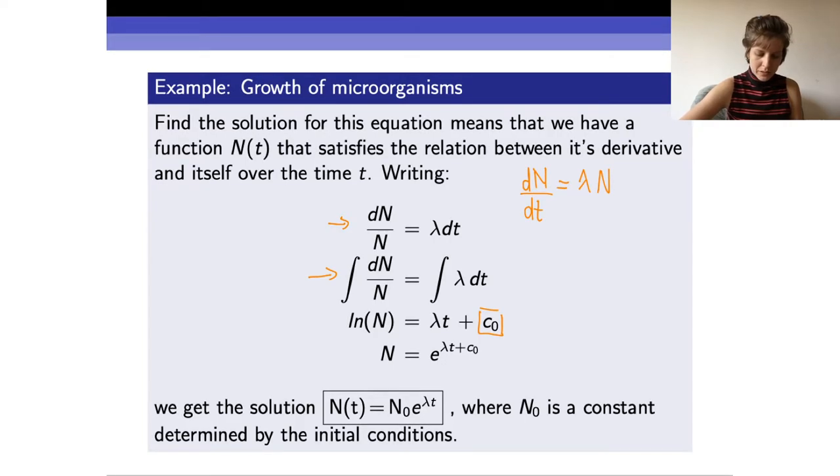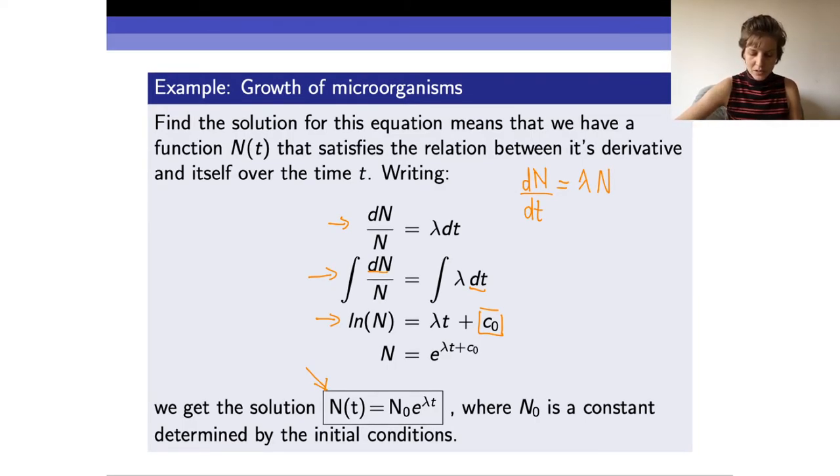So on the left side I get ln of n, and on the right side I get lambda t, because here I'm integrating on t, here integrating on n. So I get that the solution of this equation is something like this.